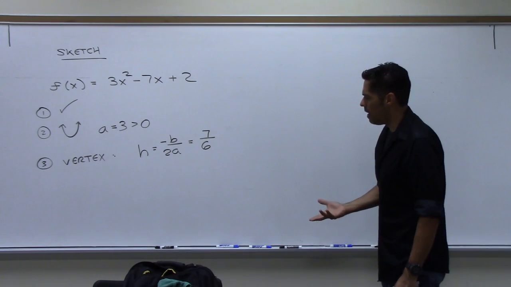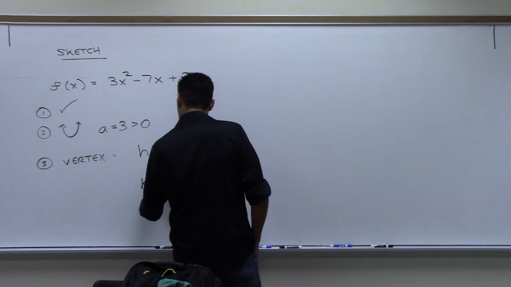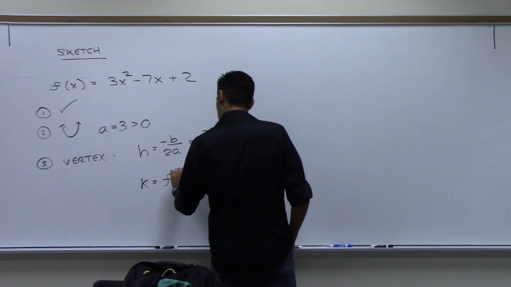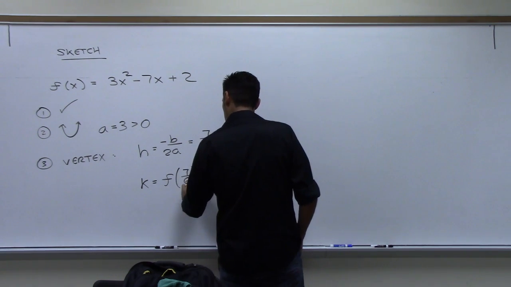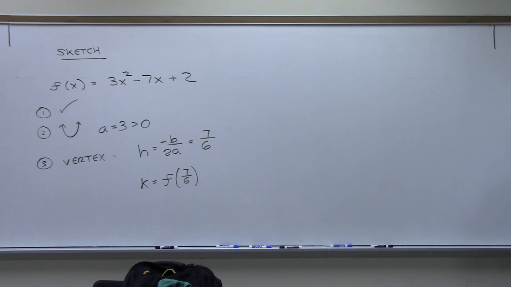And then what do you do with that to get k? You have to plug it in, make a function, and put that number instead of 6 into the quadratic, right? This is where things get a little rough for people.